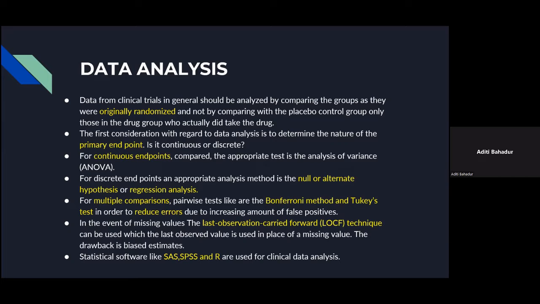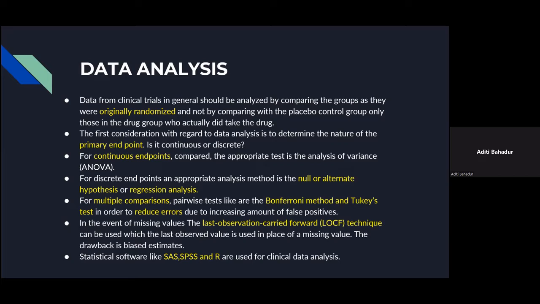Whereas a continuous endpoint could be an endpoint like blood pressure. Like if you take a drug for hypertension, and you analyze from 0 hours to 12 hours and different time intervals, then that would be a continuous endpoint.